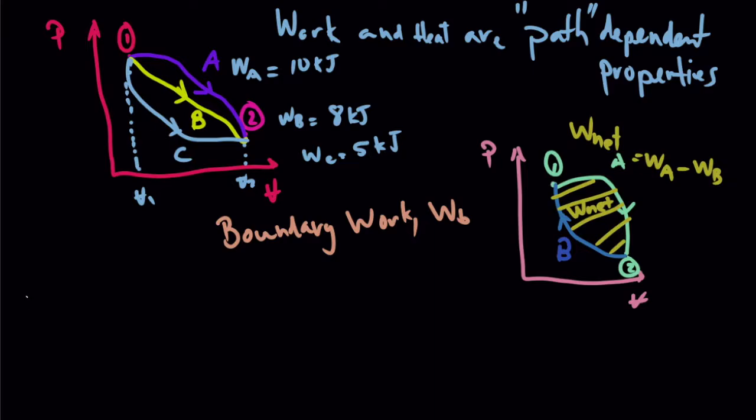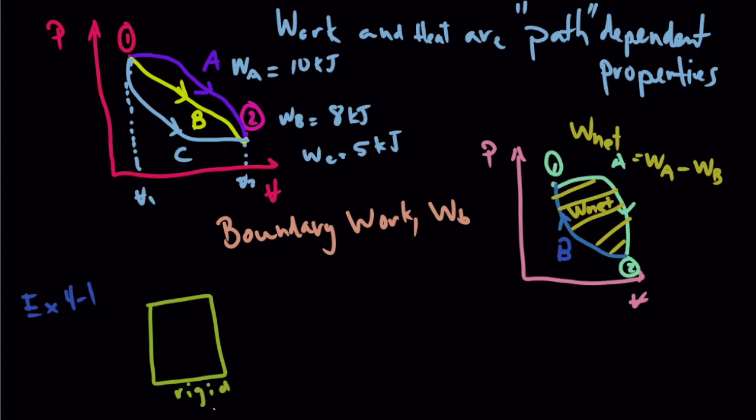So as an example, let's do example 4.1 in your book. In example 4.1, we have a situation where we have a rigid tank. The temperature starts off at 150 degrees Celsius, and the pressure is 500 kPa.